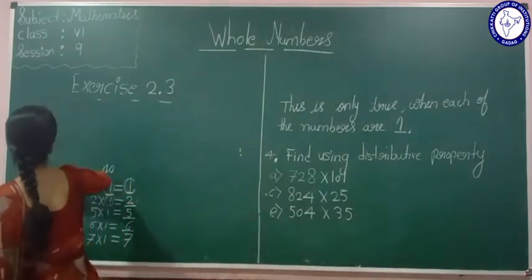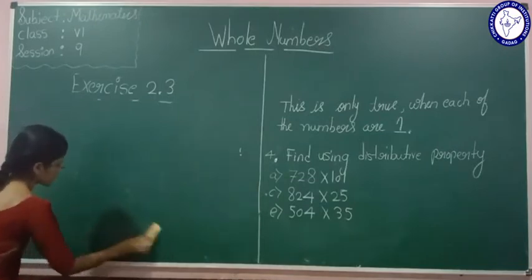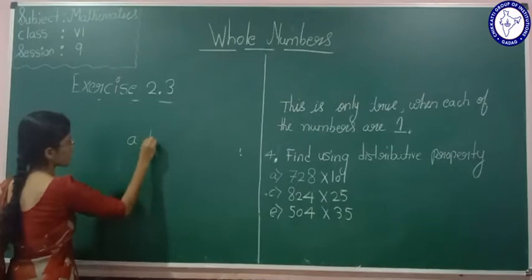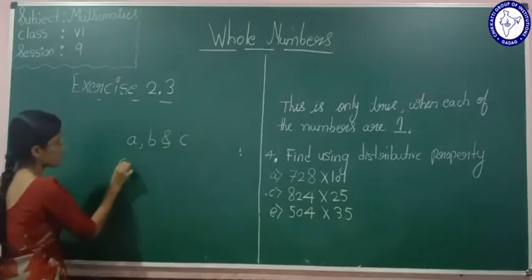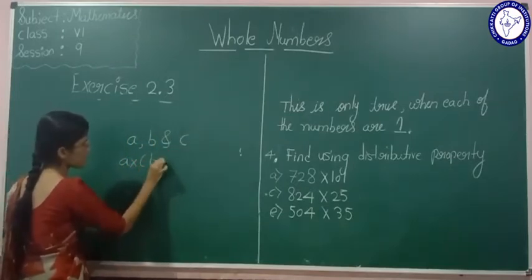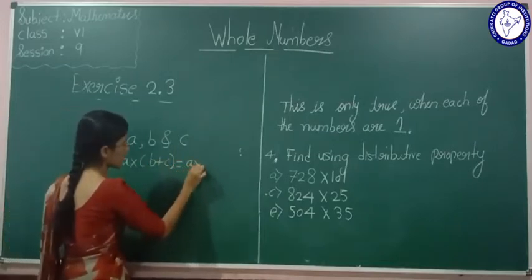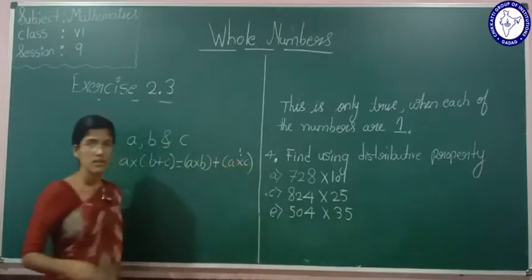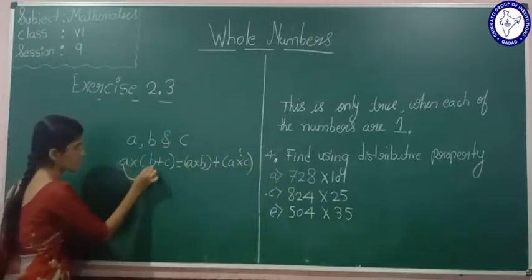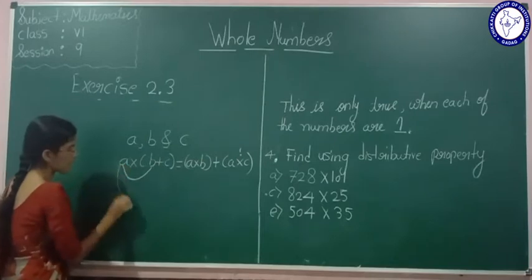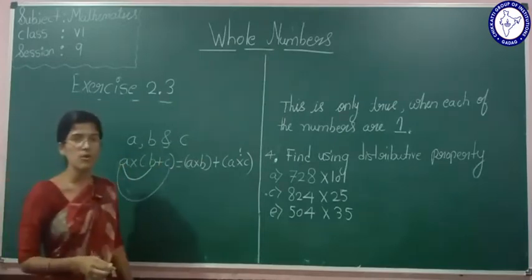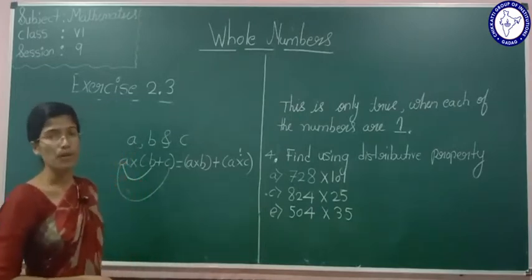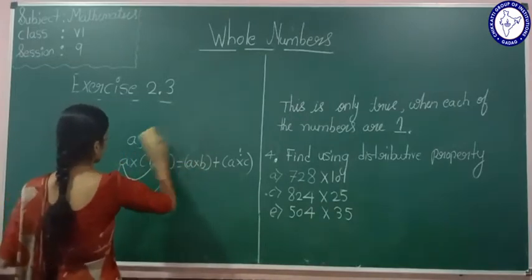If A, B, C are three whole numbers, then A multiplied by (B plus C) is equal to A multiplied by B plus A multiplied by C. This is what we have learnt about the distributive property. Okay.